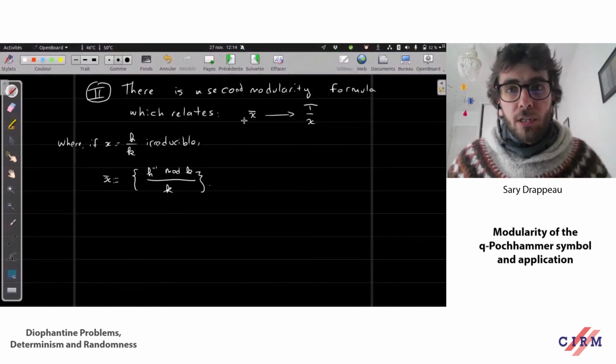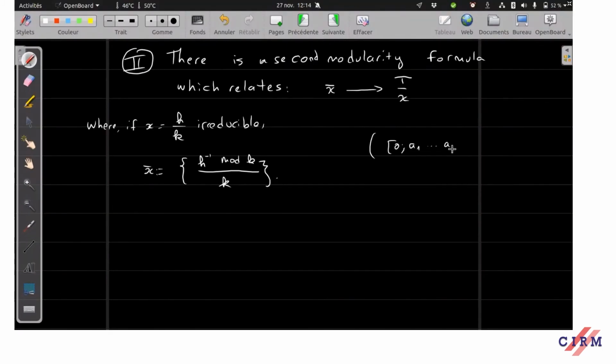There's a formula which relates this, and basically it allows you to take away not the first coefficient when you're running the Euclid algorithm, but the last coefficient. This transformation going from x to x bar is equivalent to reading the continued fraction expansion in the reverse order. And there is a reciprocity formula which relates these two for the q-Pochhammer symbol. And it's useful for us.